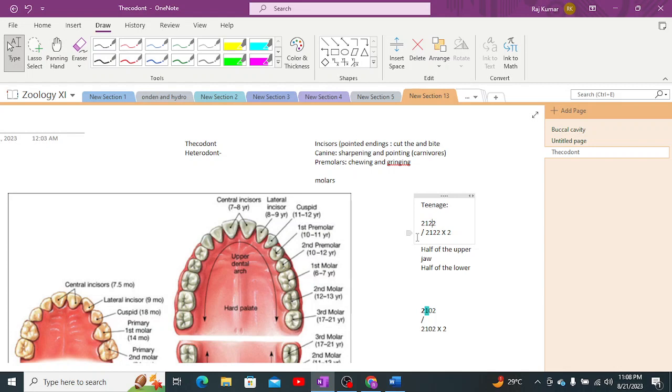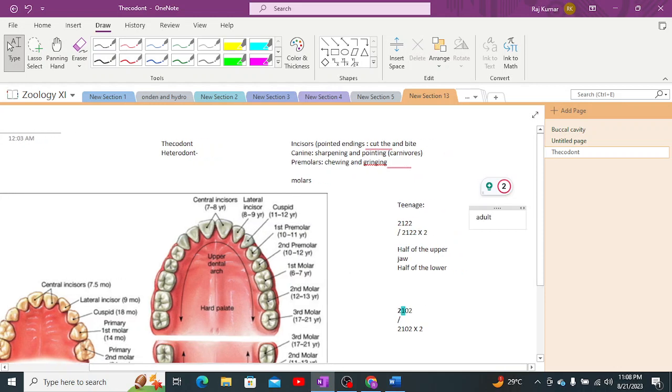These premolars are present in number 8, as we have the formula of 2 plus 2 is equal to 4, 4 into 2 is equal to 8, which means there are 8 premolars, and collectively when we add them, the total number of teeth will become 28. After which there is another formula, which is known as the adult permanent teeth set formula.